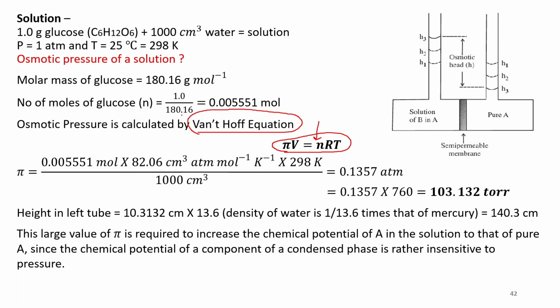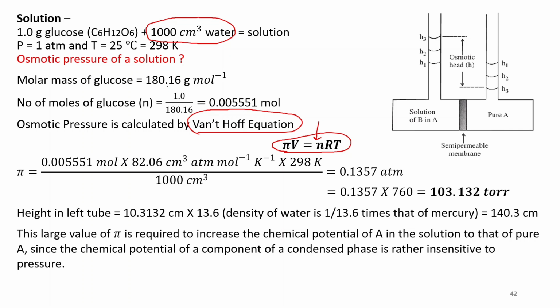R and T we already know, we can put the T value from the question, and V we also know, it is given in the question that the volume of the solvent is 1000 centimeter cube of water.